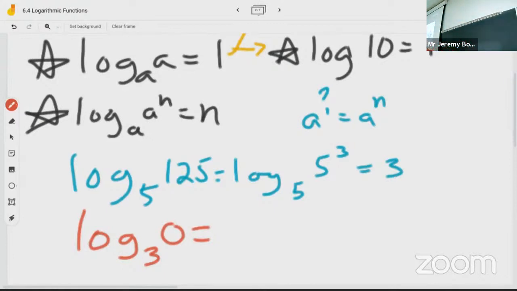What power do I need to raise 3 to get 0? 3 to the 1 is going to be what? 3. And 3 to the 0 is going to be what? 1. Is there anything I can raise 3 to get 0? No, so this is not defined.